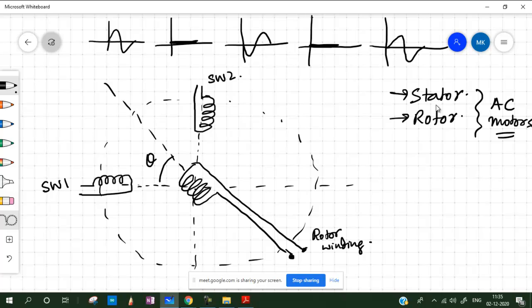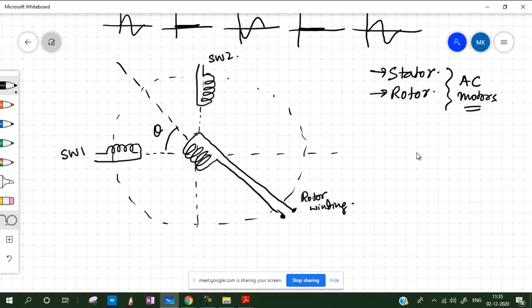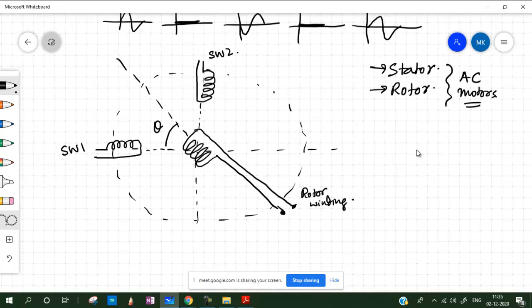The main difference between the resolver and the synchro is that in the synchro you have three secondary windings, which are SW1, SW2 and SW3, each at 120 degrees to each other. And in the resolver you just have two windings, but both of them are kept at 90 degrees. If you look at the figure, it seems they are just two windings wound on some of the axis, but it's not exactly like this.